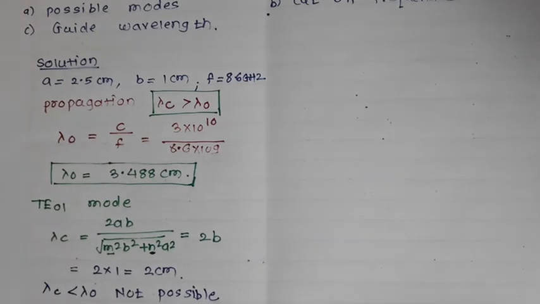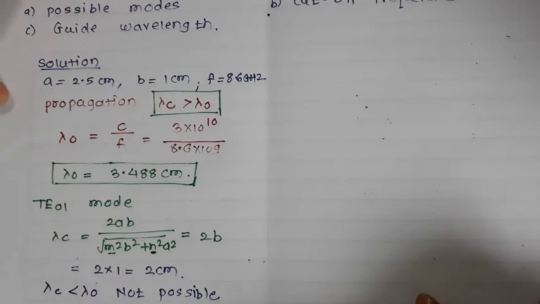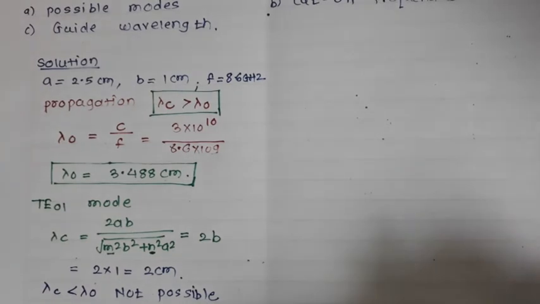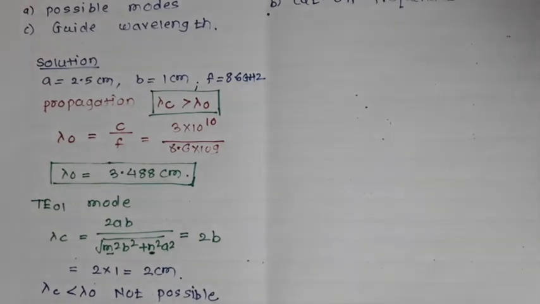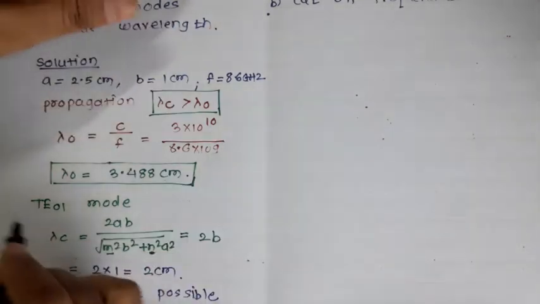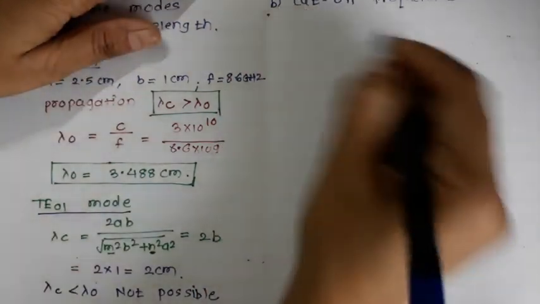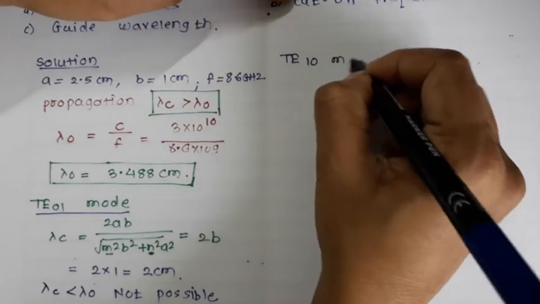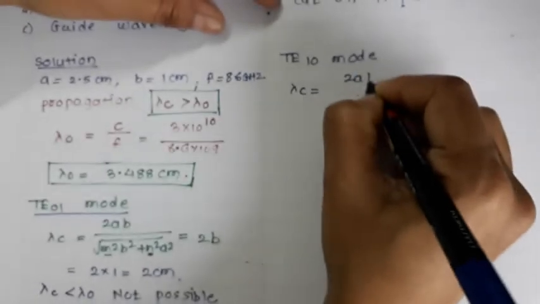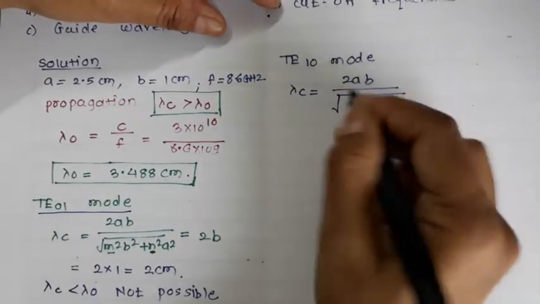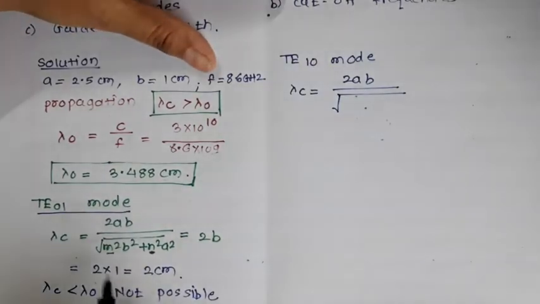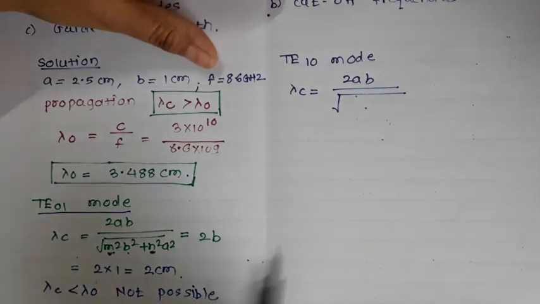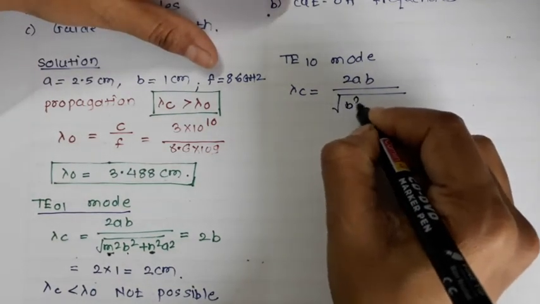Now we'll talk about another mode. Okay, so which modes are possible and which modes are not possible. TE01 is not possible. Now we'll talk about the TE10 mode. So here in the TE10 mode I can put M equal to 1, so this will become B square and the other term will be 0.